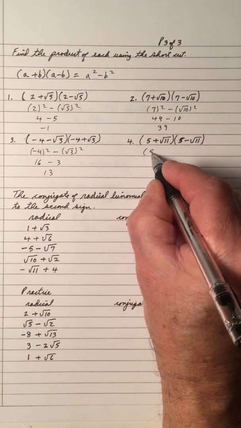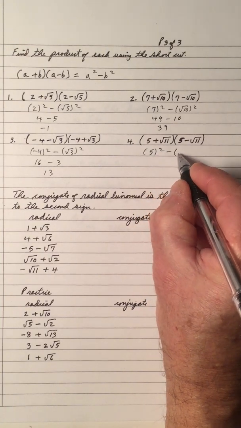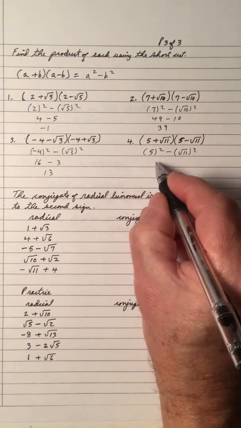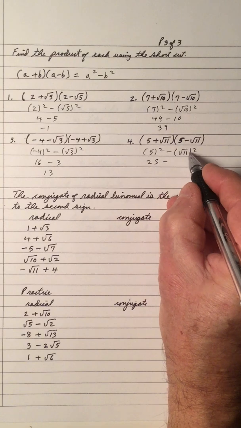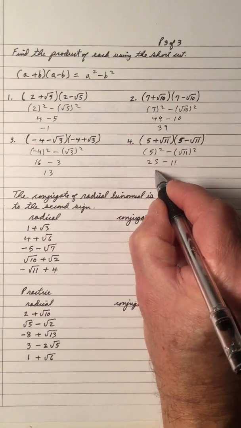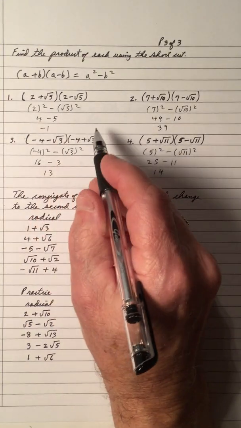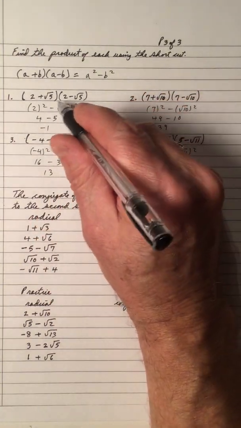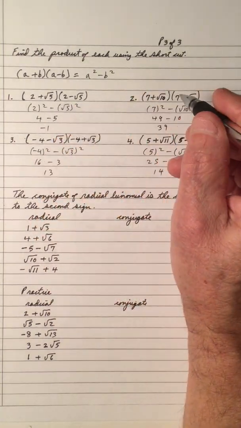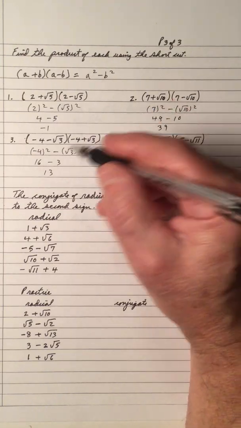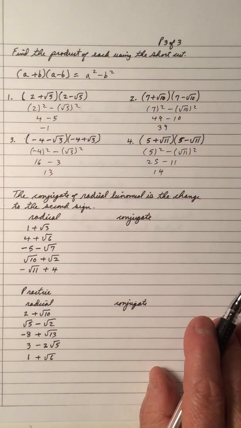So that's 5 squared minus root 11 squared. 25 minus 11 gives you 14. That's the fast way if you can recognize it. But remember, if you forget that, do the FOIL first, outside, inside, last, and you'll come up with these answers.